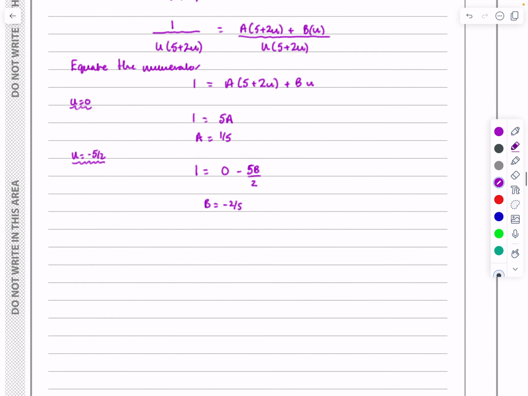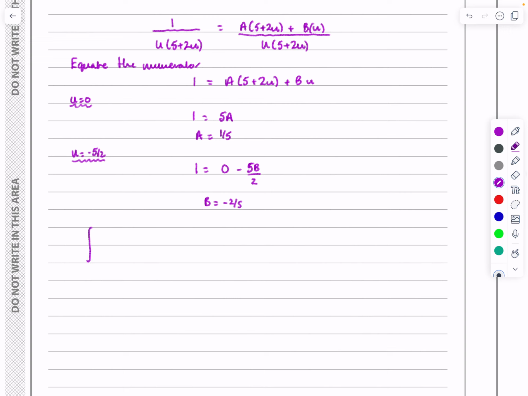And so what we can then say is, all right then, the integral between 2 and 1 of 20 over u, 5 plus 2u du is equal to 20 times the integral between 2 and 1 of 1 over 5u minus 2 over 5 plus 2u du.